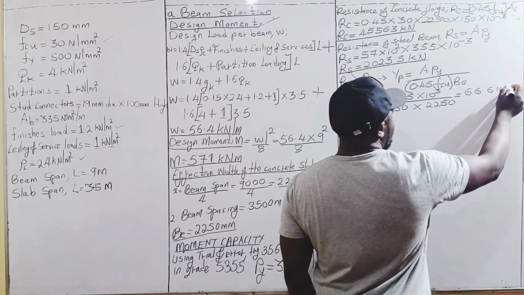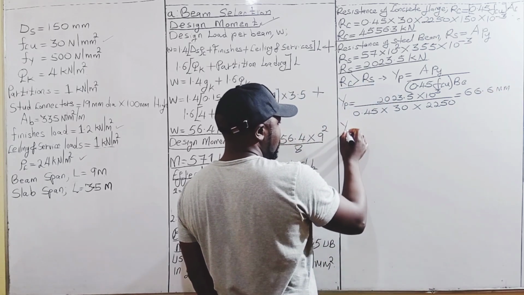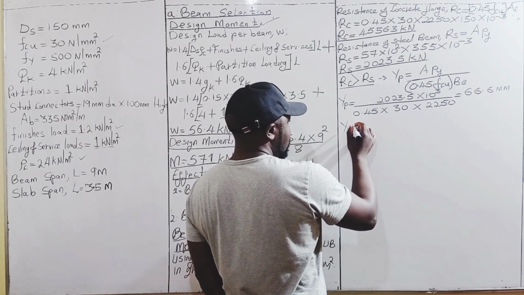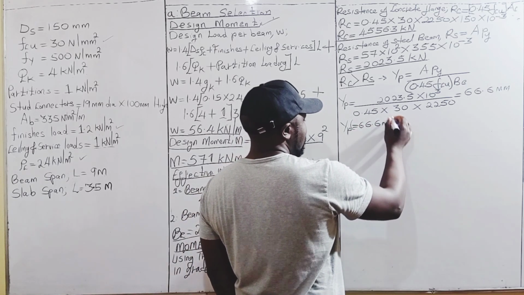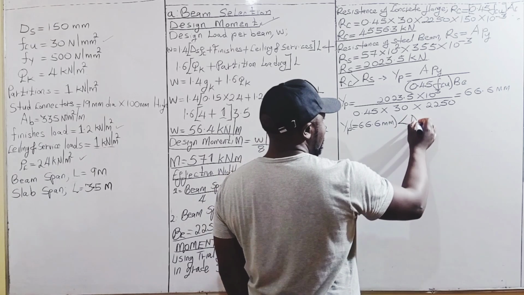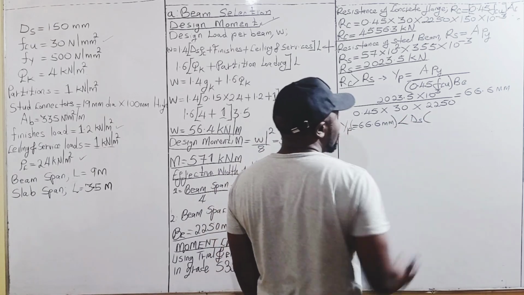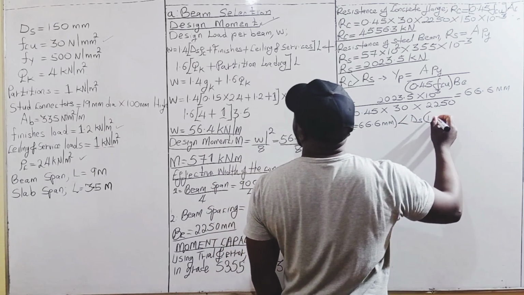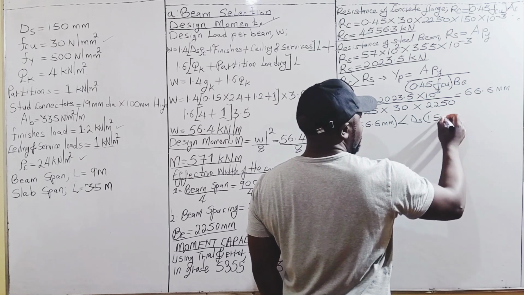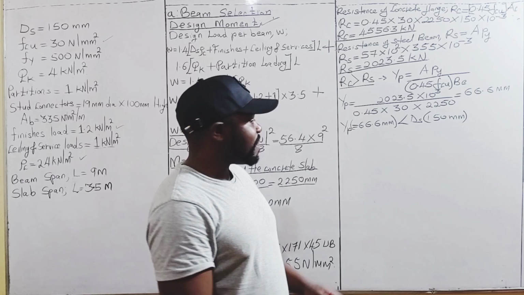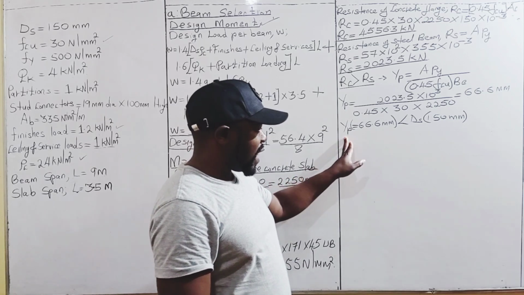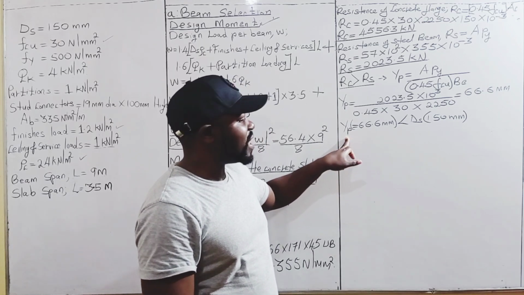66.6 millimeters. And therefore, we find that yp, which is 66.6 millimeters, is less than the depth of the concrete flange, which is 150 millimeters. And therefore, that shows that the neutral axis falls under the concrete slab.